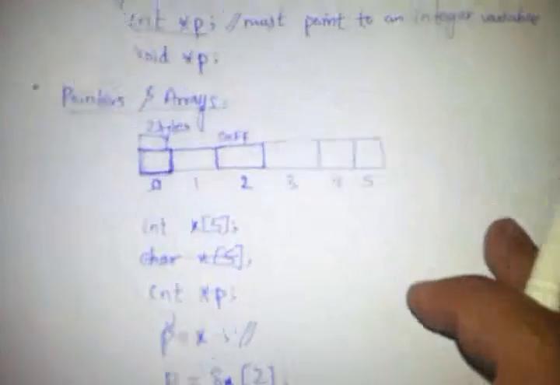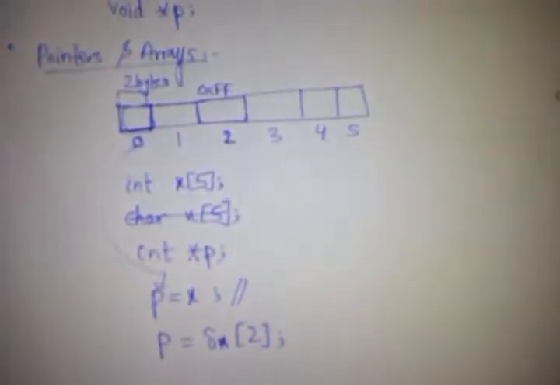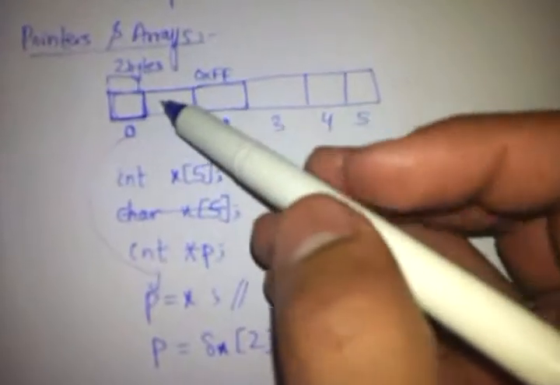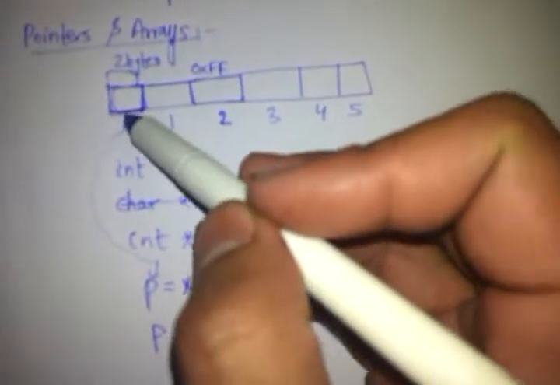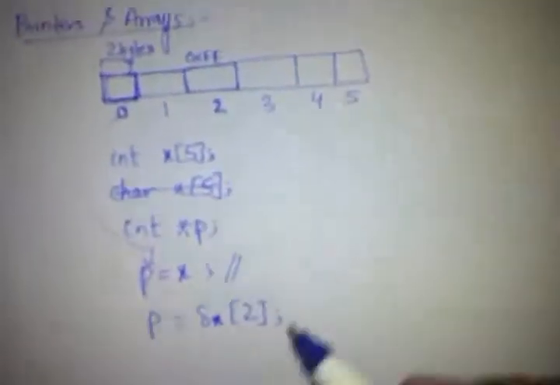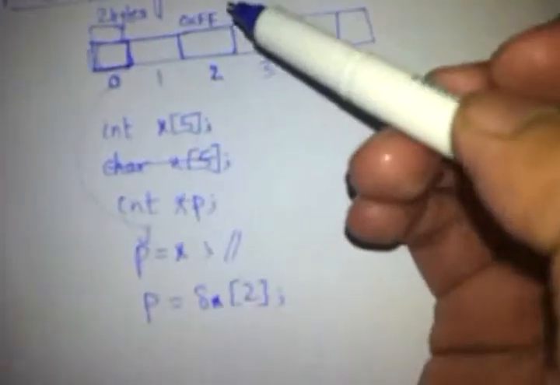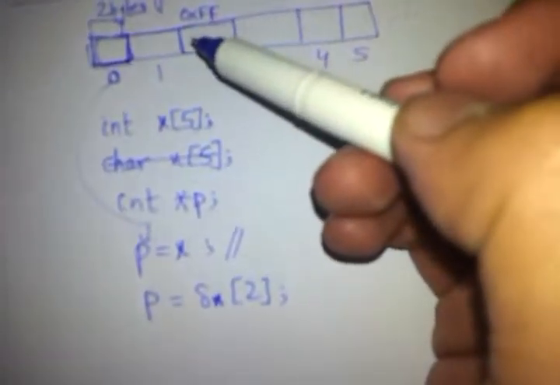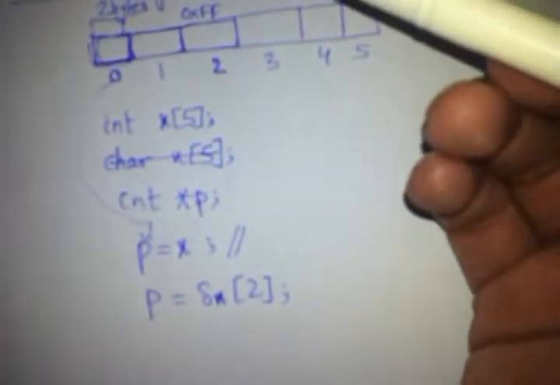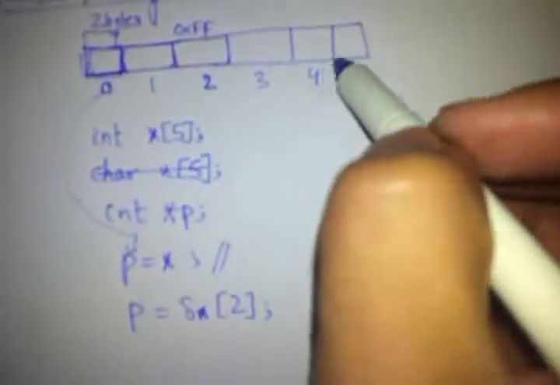So when we have to move, initially our pointer p was pointed to this memory cell. But let's say we have to sort this array in ascending order or whatever. We have to access all of these cells one by one.